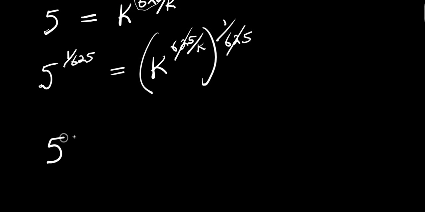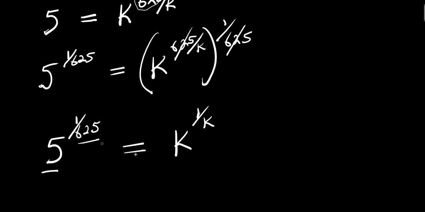That means I have 5 power 1 over 625 equals k power 1 over k. So right now, the next step will be to ensure that this 5 and this 625 are the same, so that we can compare because we have k and k here.